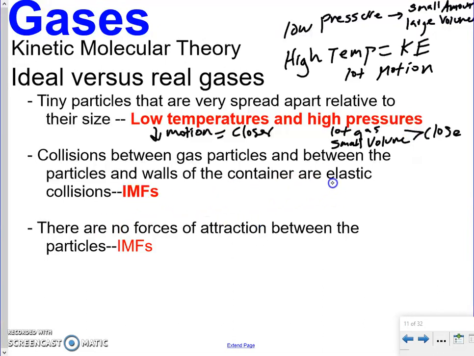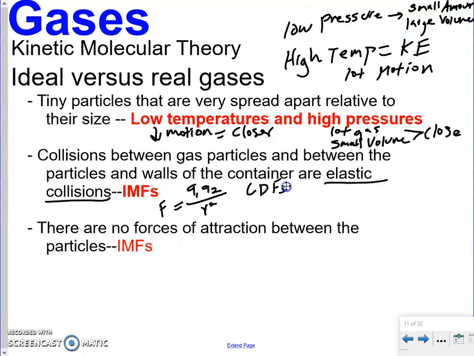And the idea of having an elastic collision, well, that doesn't actually exist, because think about Coulomb's law. The minute two things come in contact with each other, one of two things is going to happen. They're either going to repel or they're going to attract, period, because even our nonpolar things, remember, have LDFs that we have to take into consideration. So a real gas has IMFs, and therefore collisions will never actually occur elastically.